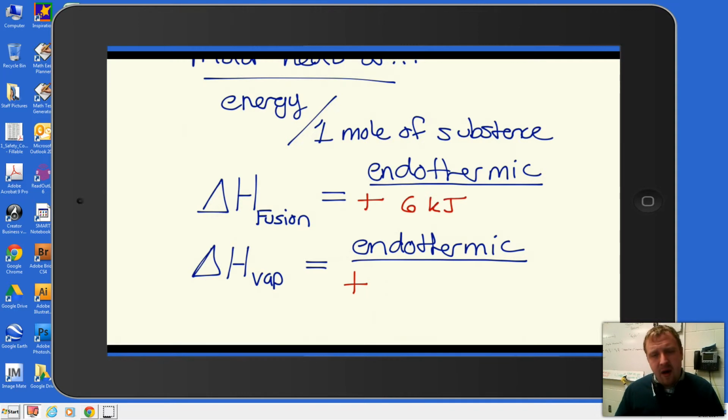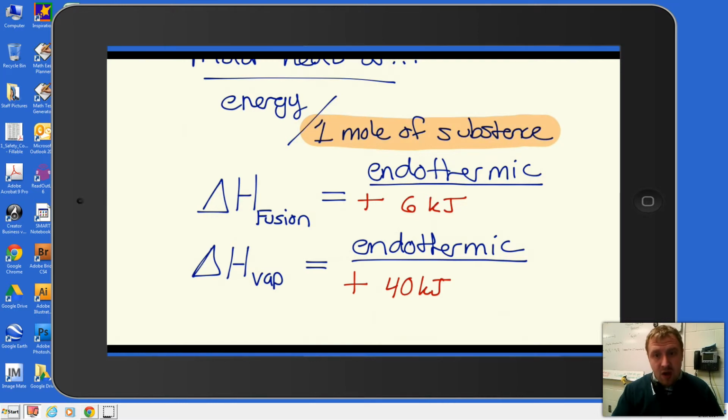And the molar heat of vaporization for water going from liquid to gas is right around 40 kilojoules. Now remember, because these are molar heats, they are going to be per 1 mole of substance, which we see happening right here.